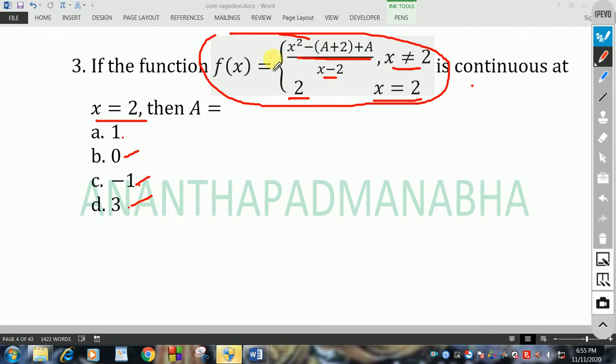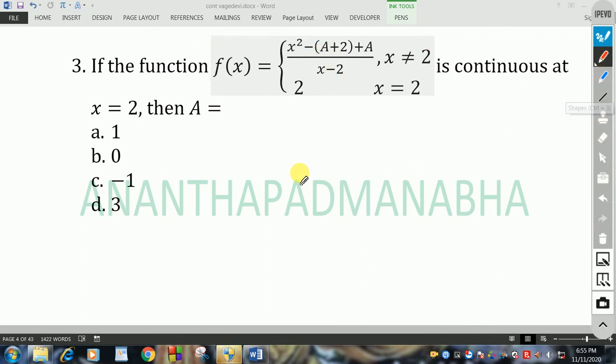So the task here is to find the value of a for which the given function is continuous. We will use the definition of continuity.